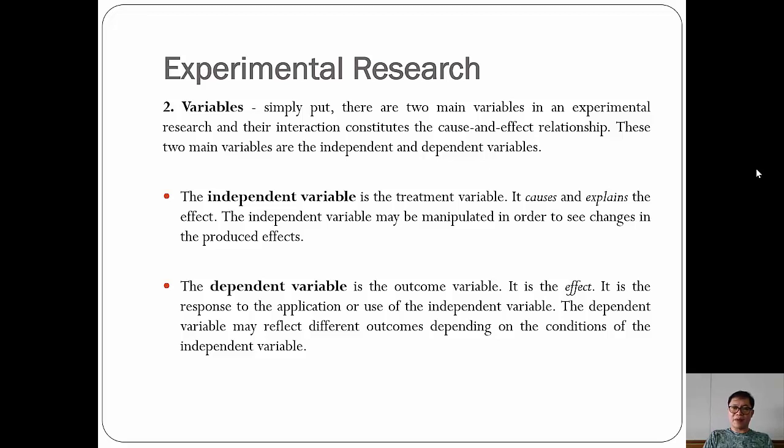It causes and explains the effect. The independent variable may be manipulated in order to change the produced effects. A dependent variable is the outcome variable. It is the effect, the response to the application or use of the independent variable. The dependent variable may reflect different outcomes depending on the condition of the independent variable.